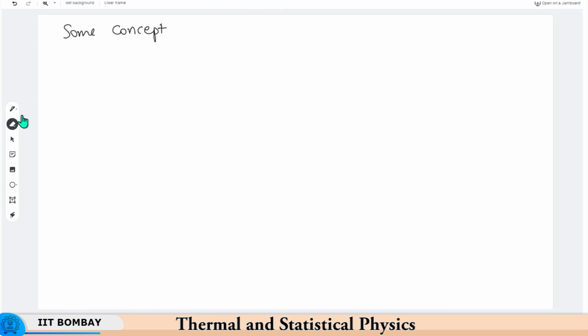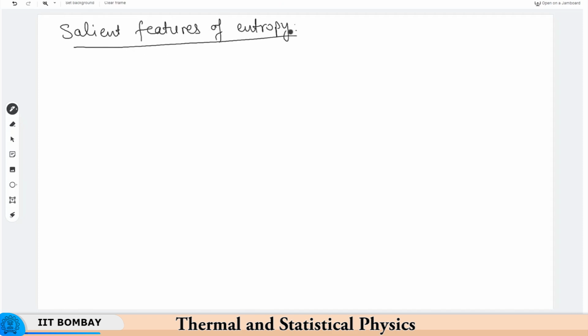So some salient features of entropy. These are some features which we should understand which are associated with entropy.